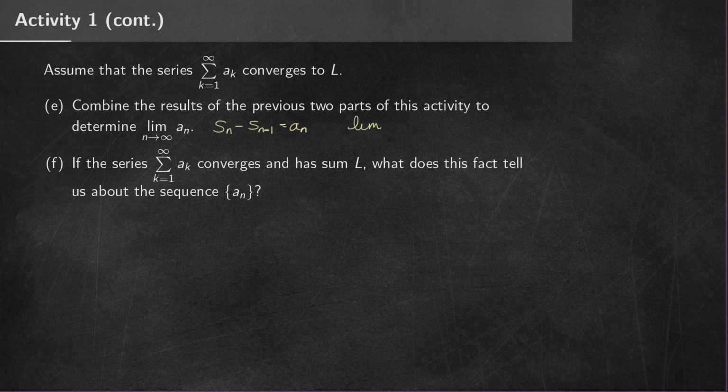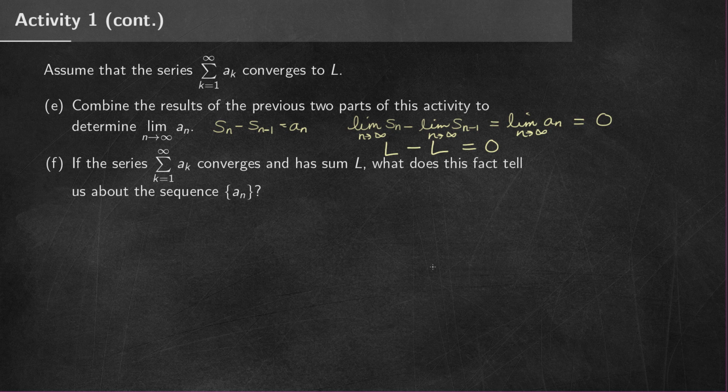The limit of s sub n as n approaches infinity minus the limit of s sub n minus 1 as n approaches infinity equals the limit of a sub n as n approaches infinity. But the limit of s sub n was L, and the limit of s sub n minus 1 was also L. L minus L equals 0. Therefore, the limit of a sub n as n approaches infinity must equal 0.